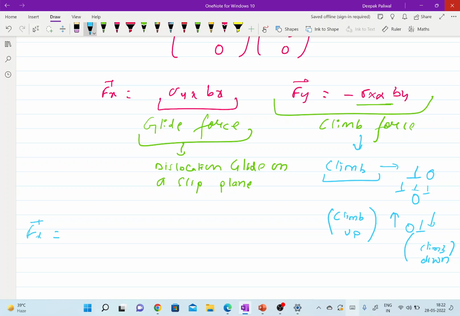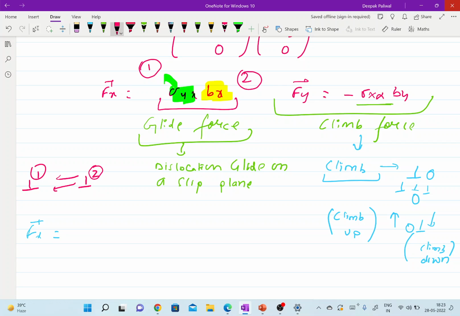Let me write those values here, and as we know, the magnitude of the Burgers vector, this is the Burgers vector of the second dislocation, and the Burgers vector which will come in this equation will be from the first dislocation, dislocation 1, and this is dislocation 2.